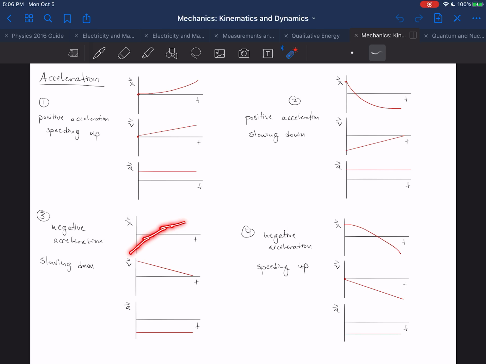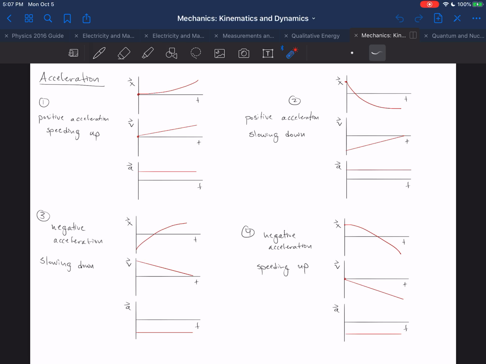The slope of the position graph is getting shallower and shallower, and the value on your velocity time graph is getting closer and closer to the horizontal t-axis. Notice that the negative acceleration shown here is the slope of that velocity time graph. The slope of the velocity time graph is negative, so this is a case of negative acceleration.